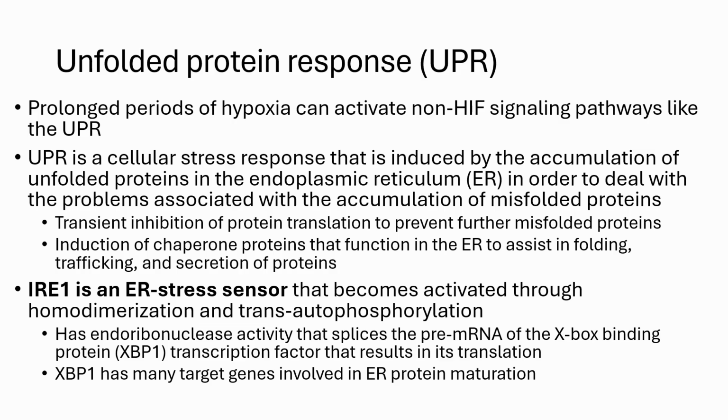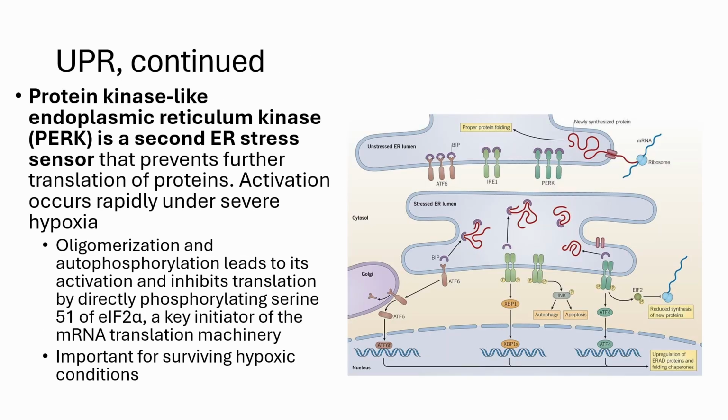XBP1 has many target genes involved in ER protein maturation. So IRE1 becomes activated through homodimerization and trans-autophosphorylation, and it results in the translation of XBP1, which helps in ER protein maturation.